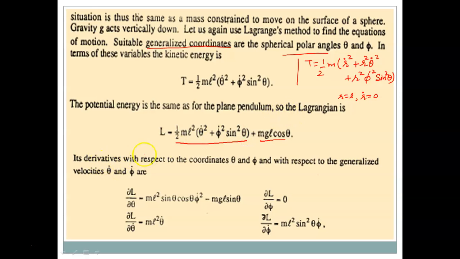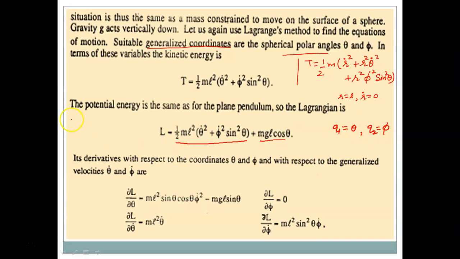Obviously we have identified that the generalized coordinates are q1, which you can consider as theta, and q2, which you can consider as phi. Only two generalized coordinates are there, so we require two Lagrange's equations.